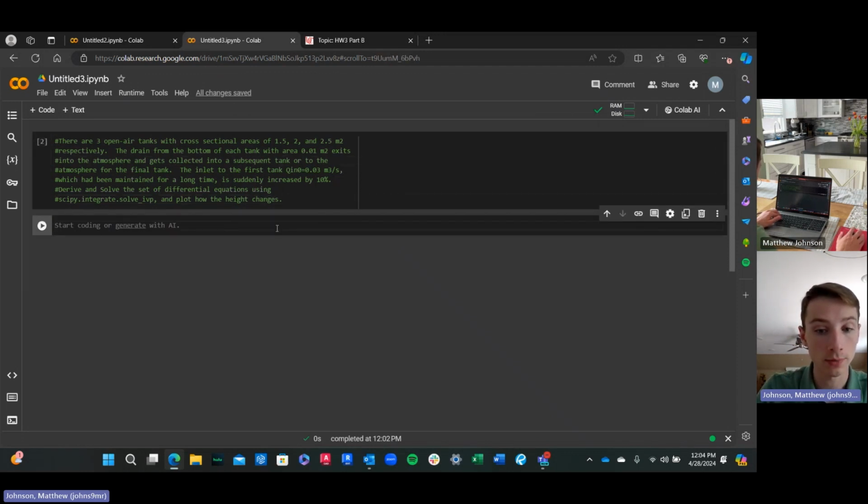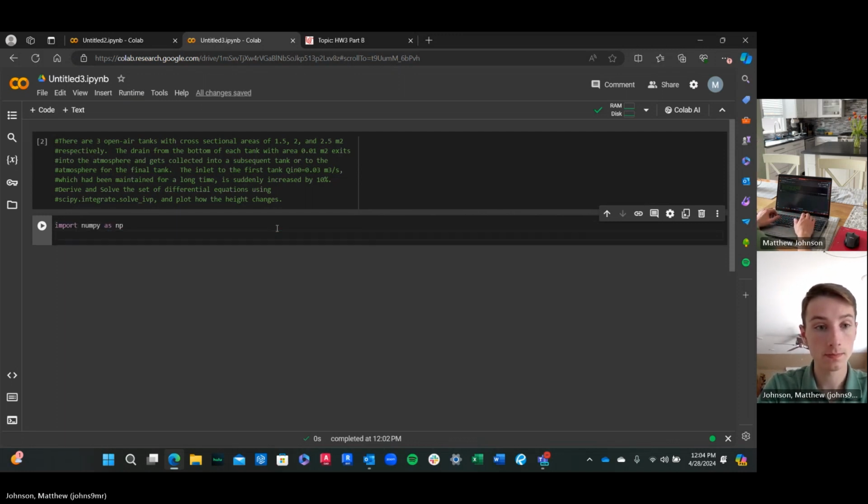Okay, so let's go ahead and import all of our things we're going to need to solve this. So I'm going to import numpy. Okay, we're going to need to import solve_ivp.